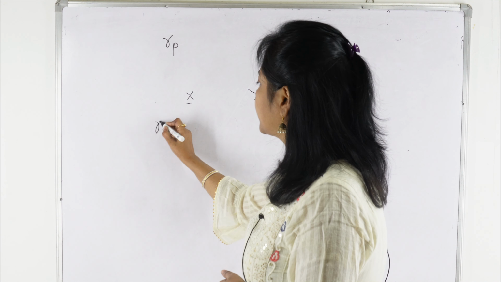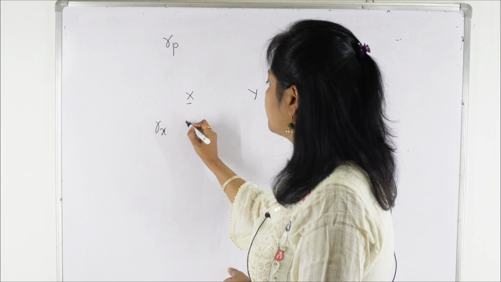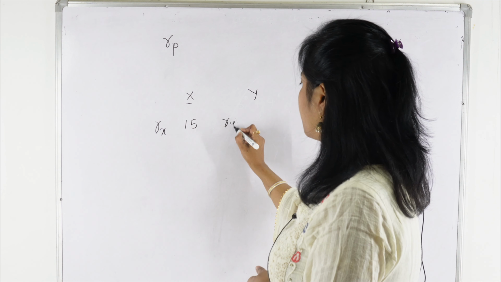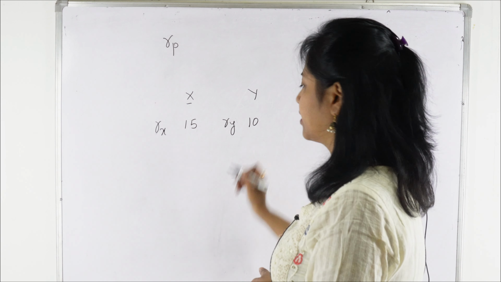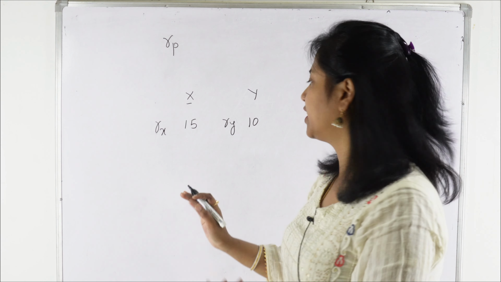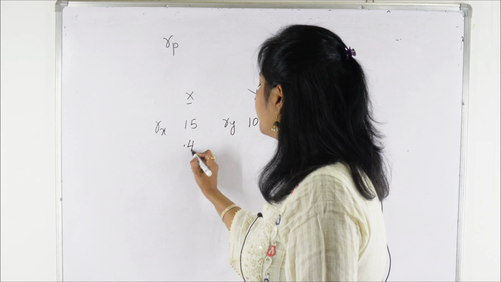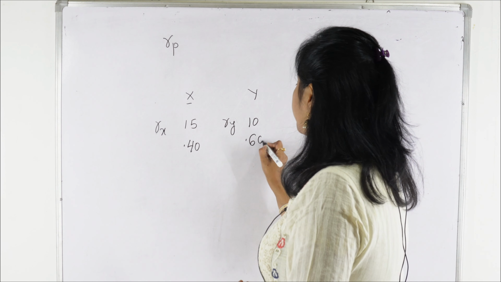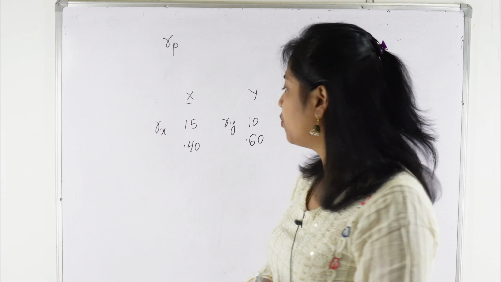So I will write expected return of security X, suppose it is 15, and expected return of security Y, RY, is suppose 10. And suppose my entire wealth is distributed such that 40% of my investment is in security X and 60% of my investment is in security Y, right?